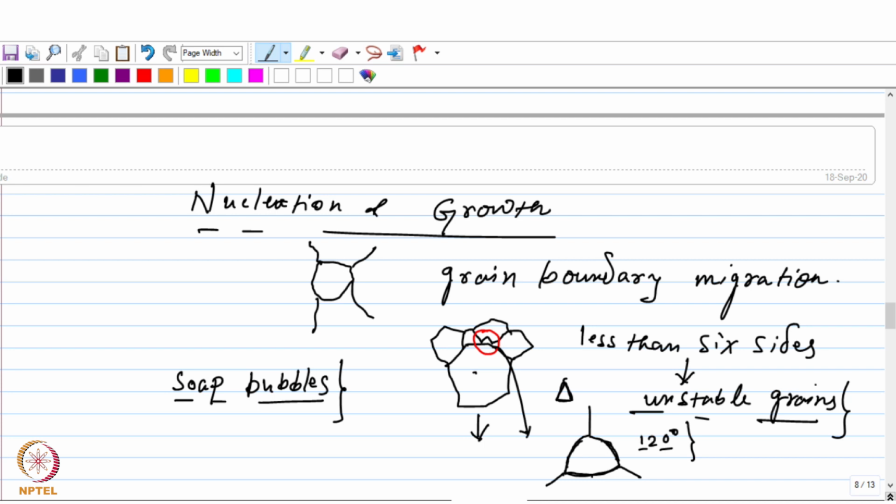So because of that curvature, this will tend to move towards the center and shrink as a result of the movement of these walls or boundaries towards the center, and ultimately disappear. Okay, so that is how the rest of the grains around it will grow at the expense of this one.